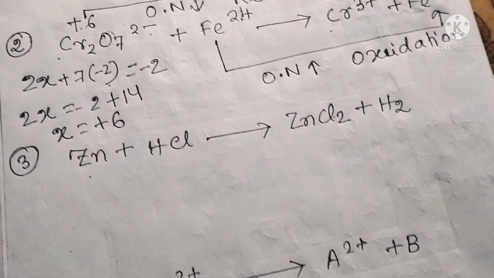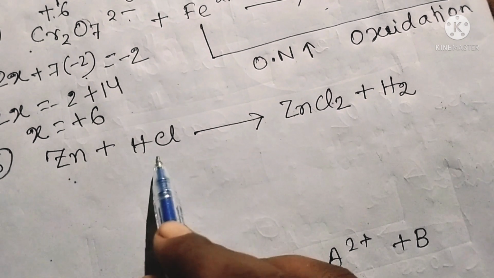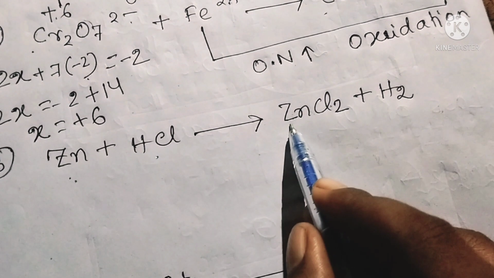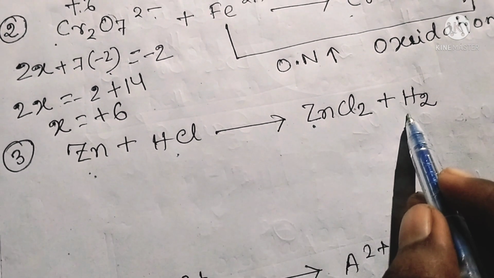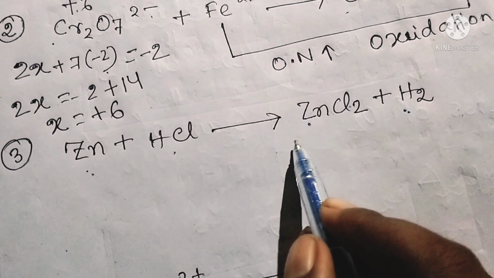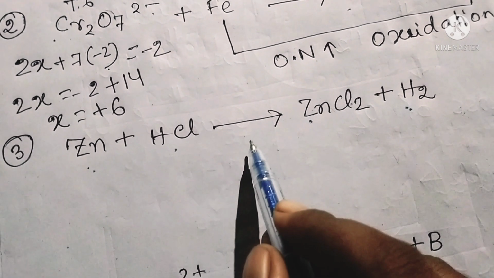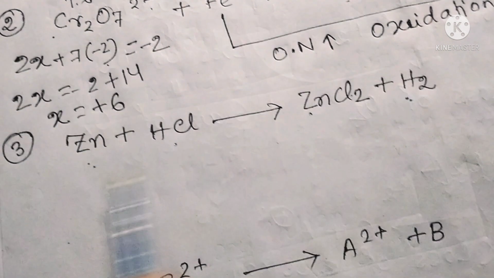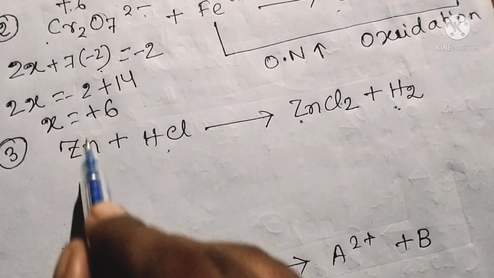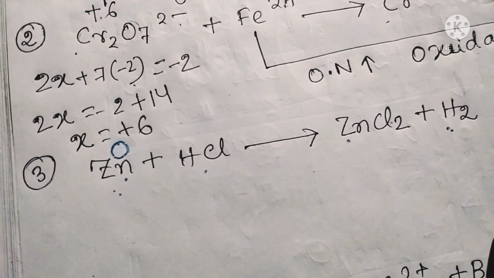So let's see the next example. What is it? Zn plus HCl turns into ZnCl2 plus H2. Pause the video and try to do this. What is the oxidation reaction and what is the reduction reaction? So students, let's see. Here Zn is in elemental state, so the oxidation state of Zn is 0.